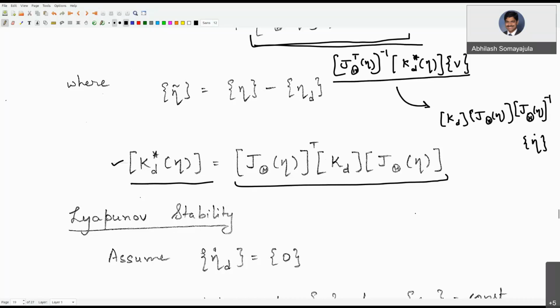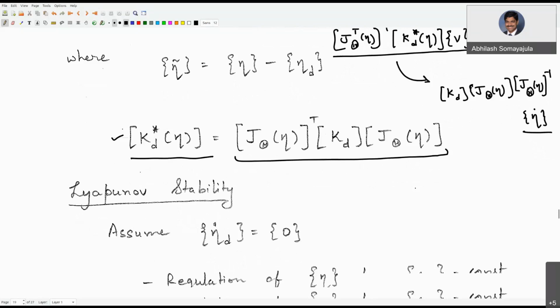Okay, so where we have used the kinematics at the last step here to transform V into this, and then we have used the KD star's definition here, and we have pre-multiplied it by J transpose inverse. So eventually, after the cancelling out of the matrices, this is what we should be left with.